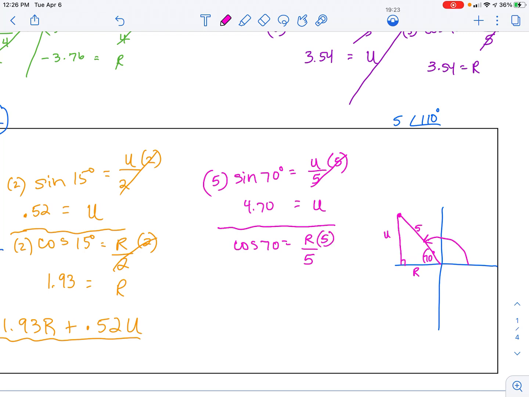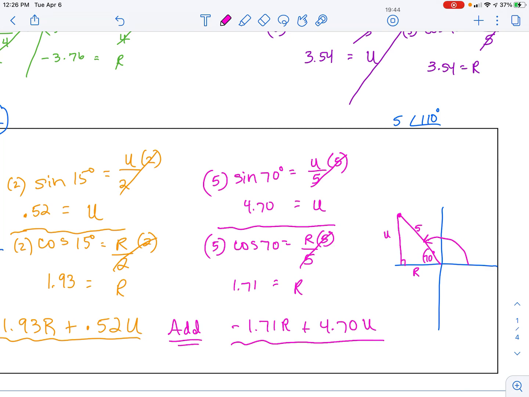And for this measurement, you're going to have 5. And right is going to equal 1.71. And we're going to put that together in its rectangular coordinate form. So you're going to have negative 1.71 right plus 4.70 up. All right, so now we have these two that we need to add together.